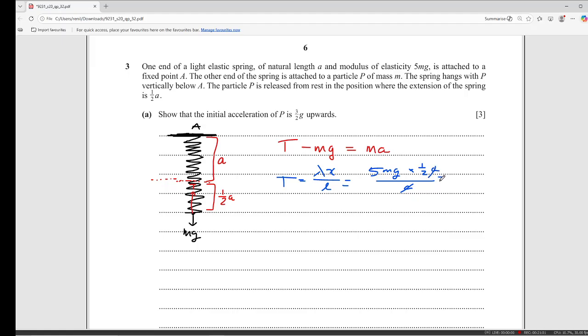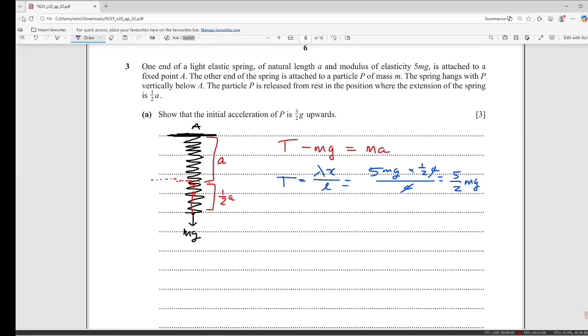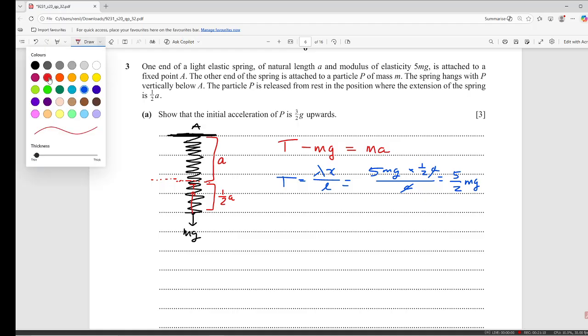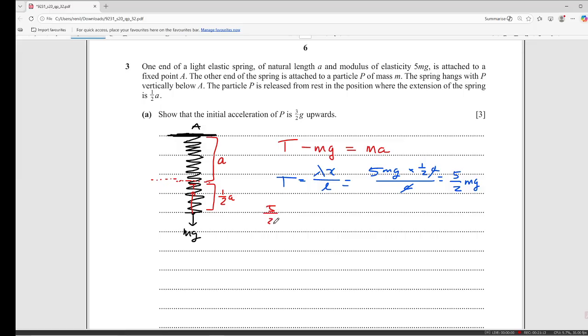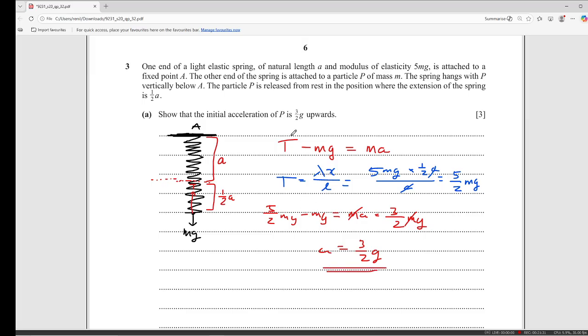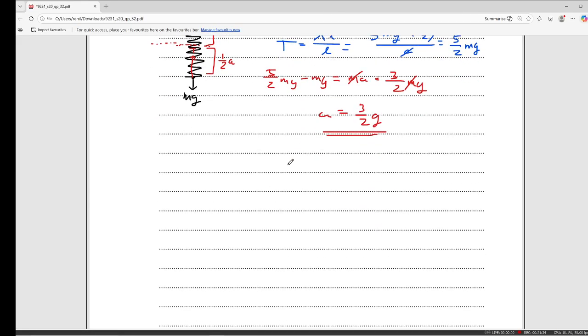So we cut that, we get 5 by 2 mg. Now let's bring this back to our main equation. 5 by 2 mg minus mg equals ma, and doing this gives me 3 by 2 mg. Now I can divide m on both sides. I get a equals 3 by 2 g, and this is acting upwards because we considered T being like that. So that was an easy question.